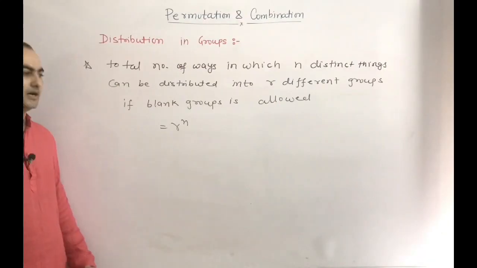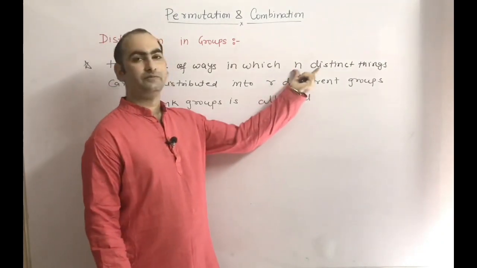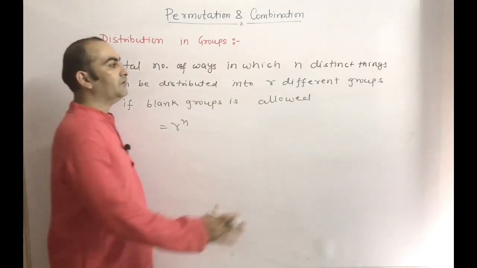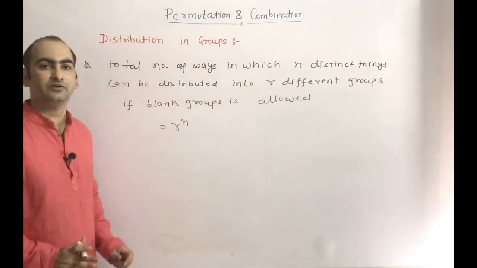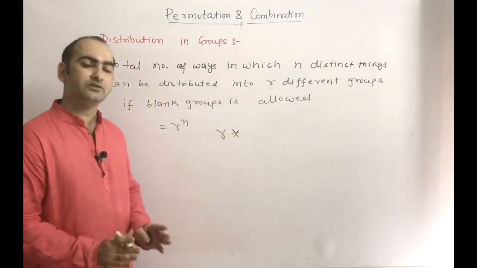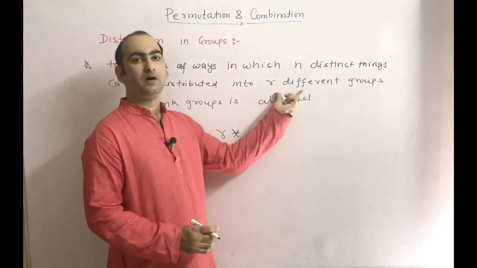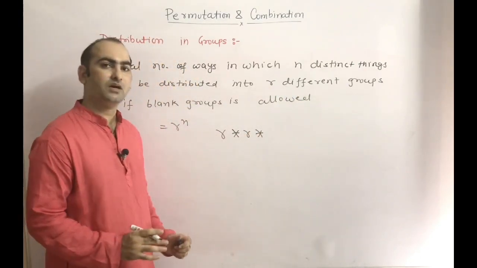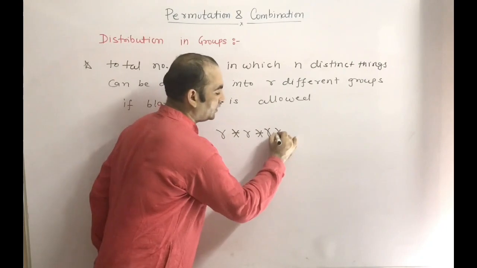And how will this come? We have n distinct things, we have to distribute into R different groups. For the first thing, how many choices do we have? We have R choices because we have R different groups. So for the first thing we have R choices, into. We have to distribute the other things also. For the second thing, R choices, so R into. For the third also R choices, so into R, and so on.